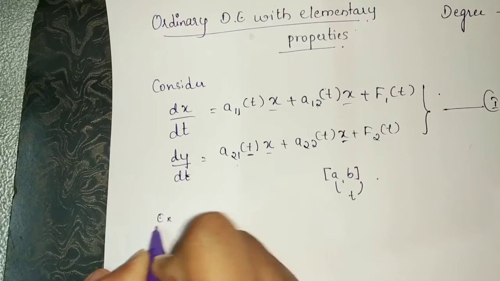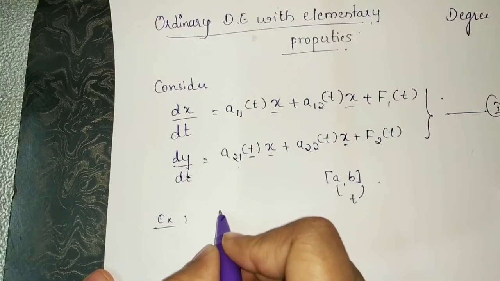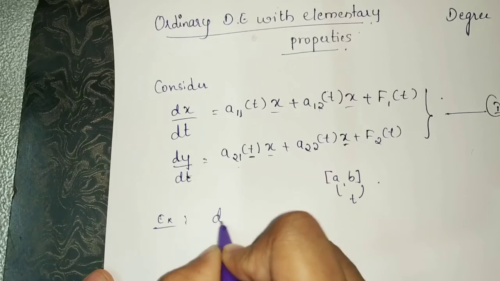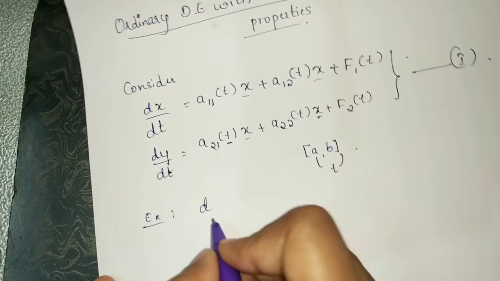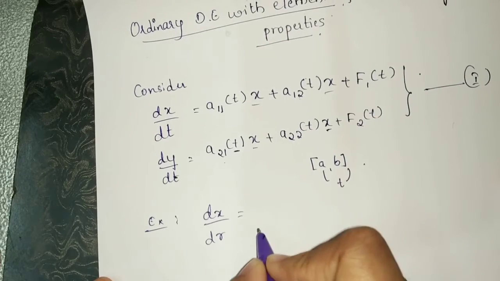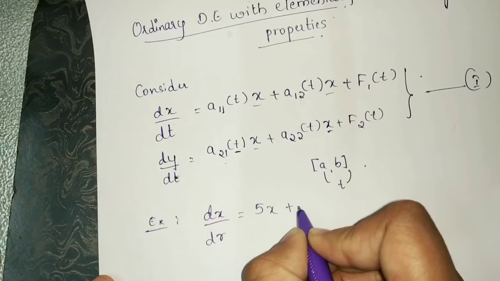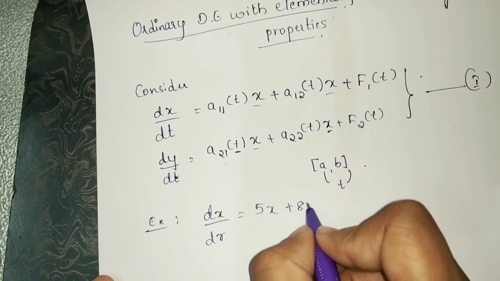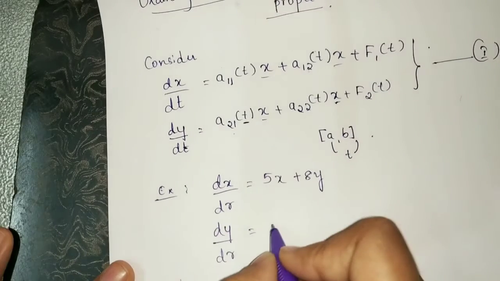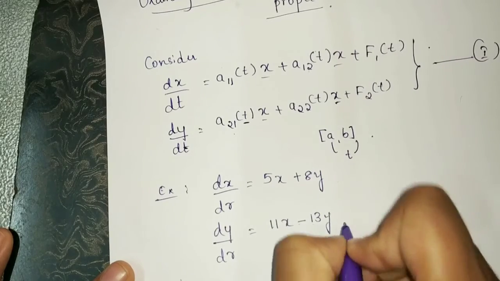For example, suppose you have a set of equations: dx by dr equal to 5x plus 8y, dy by dr equal to 11x minus 13y.